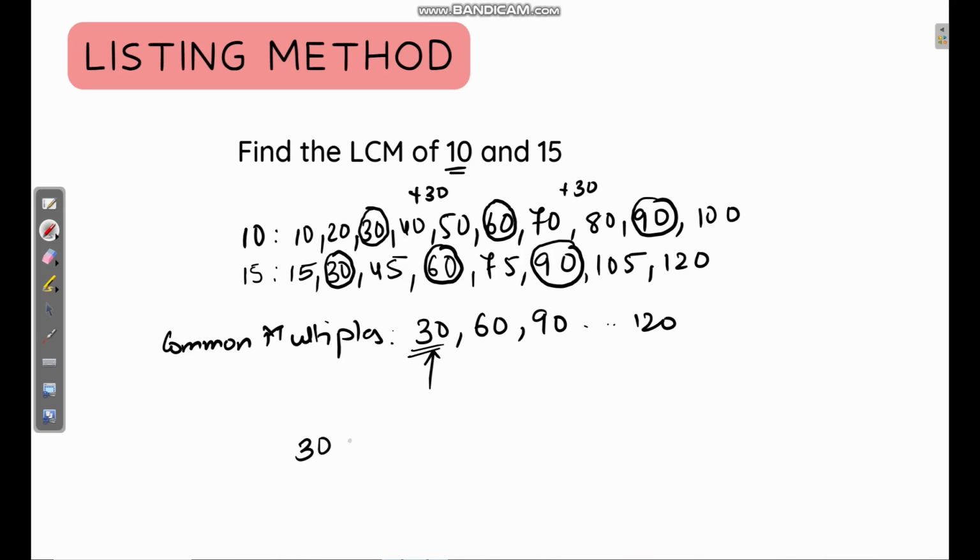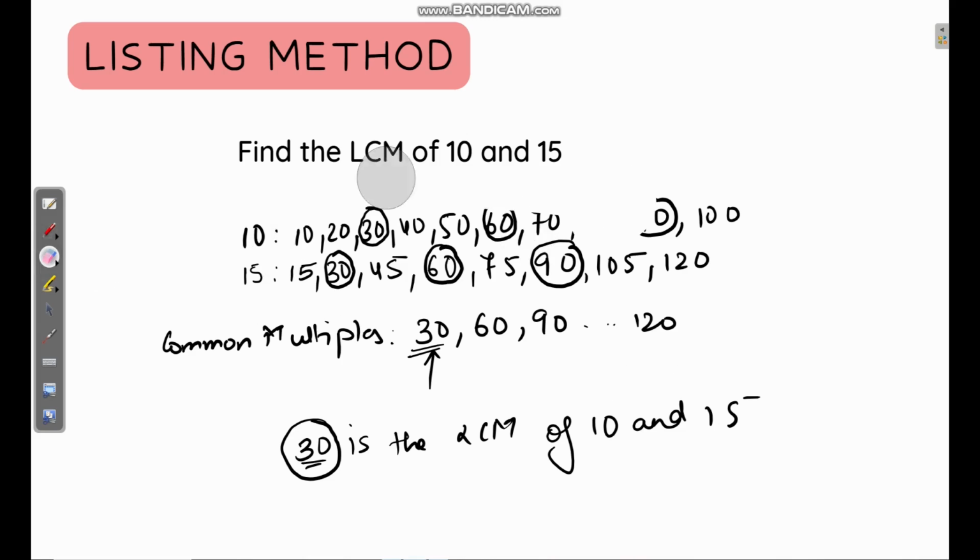So 30 is the LCM of 10 and 15. 30 is such a number that comes in the tables of both 10 and 15, and it is the smallest number. 60 also comes in both tables, but that is not the smallest or least multiple. So 30 is the least common multiple: it is common, it is the smallest, and it is a multiple also. So 30 is the LCM of 10 and 15.